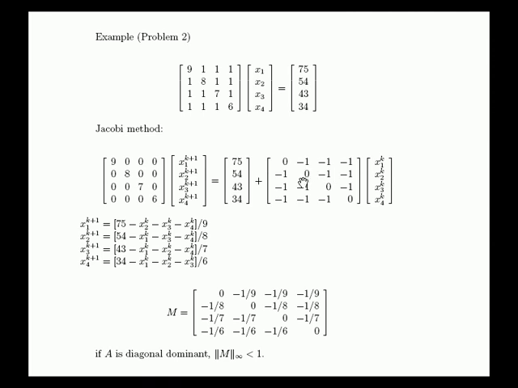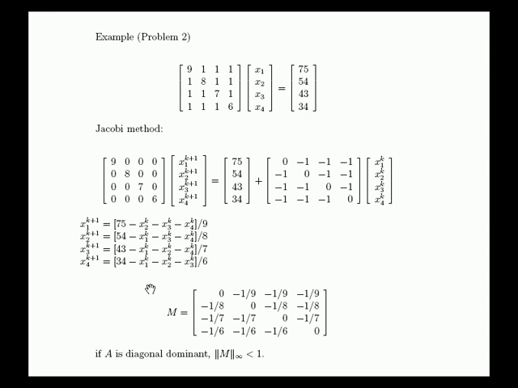So that's the Jacobi method, and then you just solve for x1, divide by 9, solve for x2, divide by 8, and so forth. So the new x1, x2, x3, x4 is equal to this minus these, all divided by 9, 8, 7, and 6.